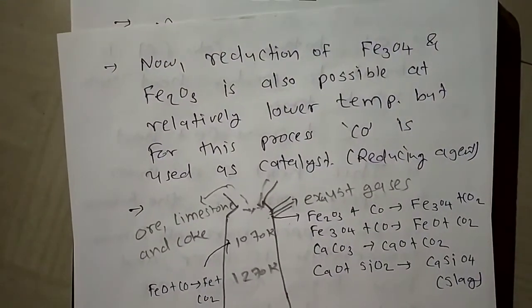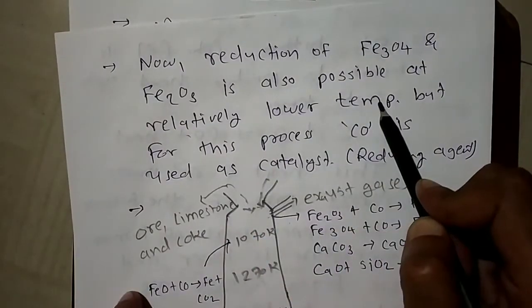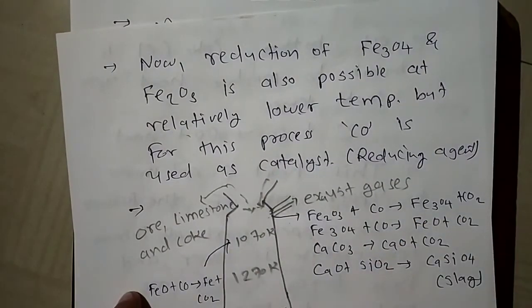Now, reduction of Fe2O3 and Fe3O4, the other two oxides, is also possible at a relatively lower temperature, meaning lower than 1073 Kelvin.